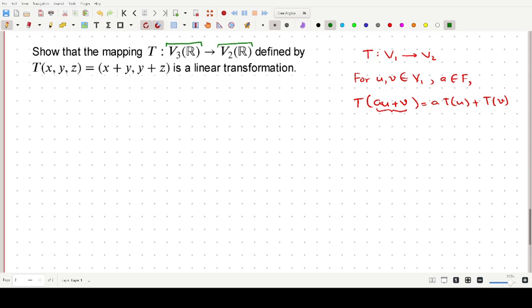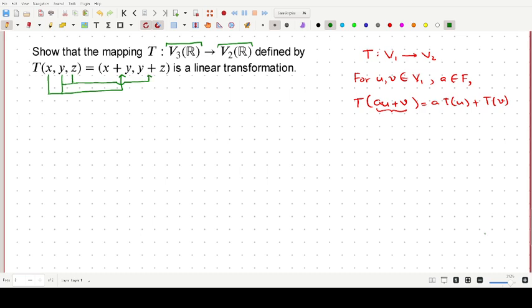Now, the mapping given to us, if you look carefully, the first and the second coordinates of the input give us the first coordinate of the output, and the second and the third coordinates of the input give us the second coordinate of the output, right?